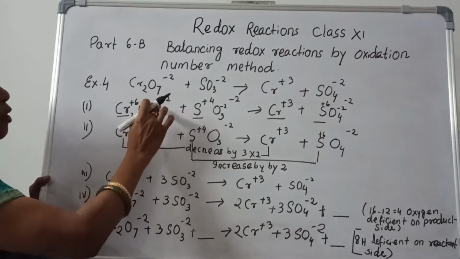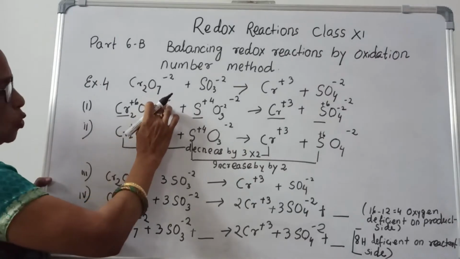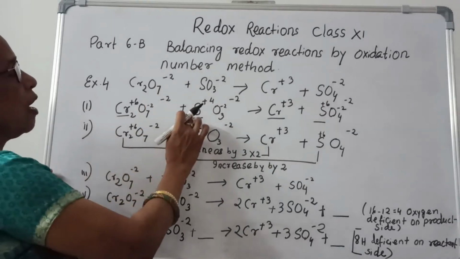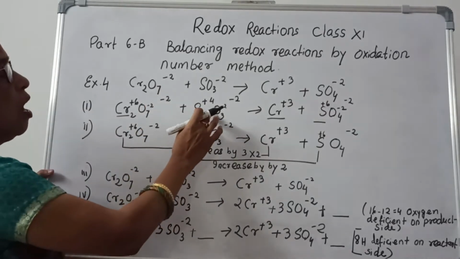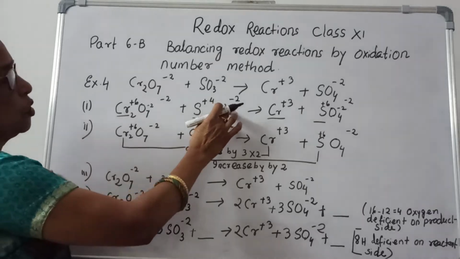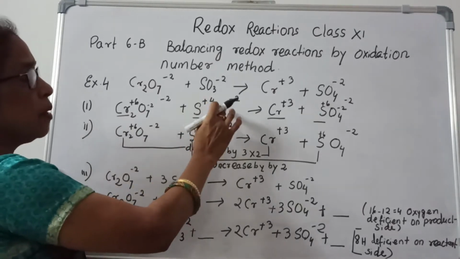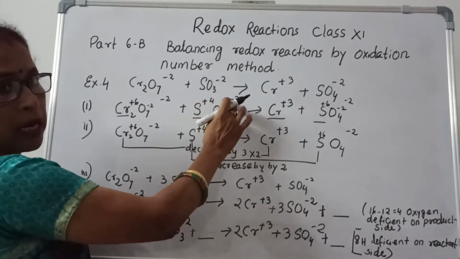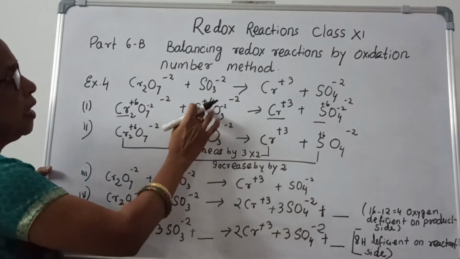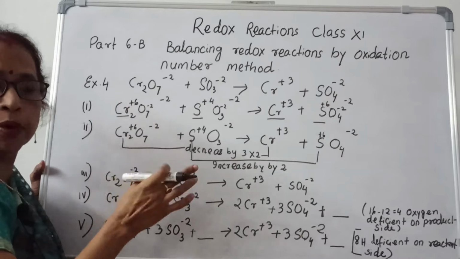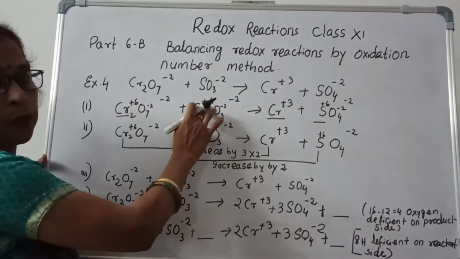So the dichromate ion has charge -2, and here you can observe this is the sulfite ion, oxygen 3 into -2 is -6, and sulfur should be +4, so that the sum of the oxidation numbers is equal to -2. What do you mean? The oxidation number of sulfur is +4.